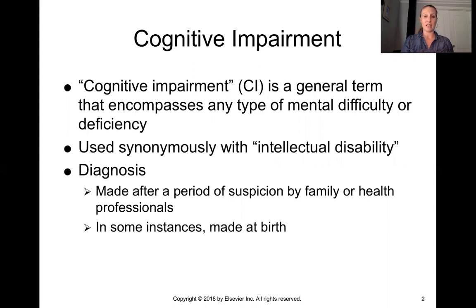So delays that they're noticing in their development. Sometimes they can be diagnosed at birth. Those would be things such as Down syndrome or other genetic disabilities that are going to be evident either before or at birth.